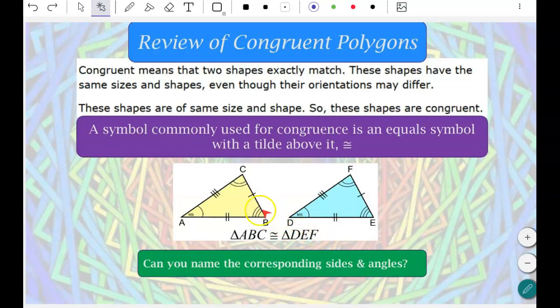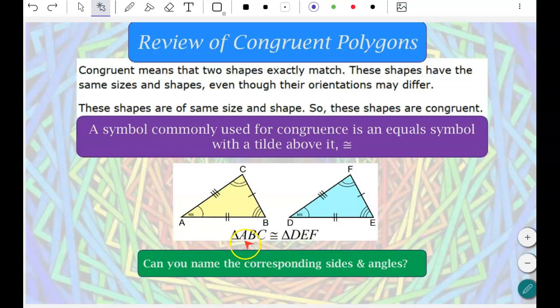The sides here, you can see this side has one little mark, so does this side. So those two are corresponding sides and are congruent. These two match up. And then over here, AC and DF. Again, another way, since this is written out, if this was turned and it confused you, you could just match up the letters.